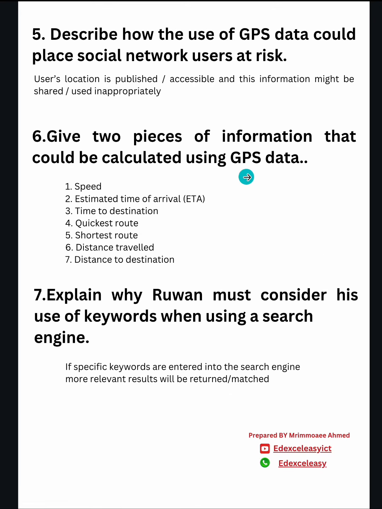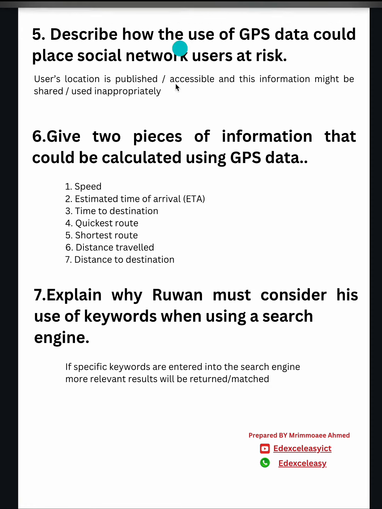Now question number 5, which is: describe how the use of GPS data could place social network users at risk. So please go through your GPS notes, whatever notes your lecturer has given you, because this is one of the things I found that in each and every exam they ask questions related to GPS in a different way.